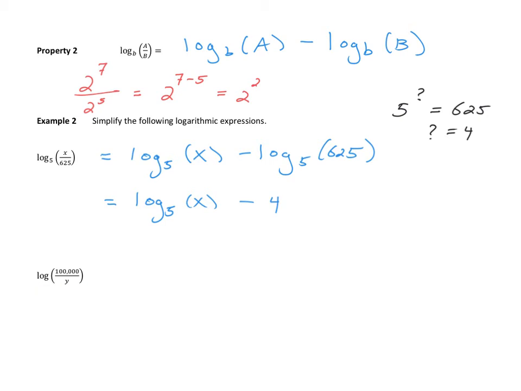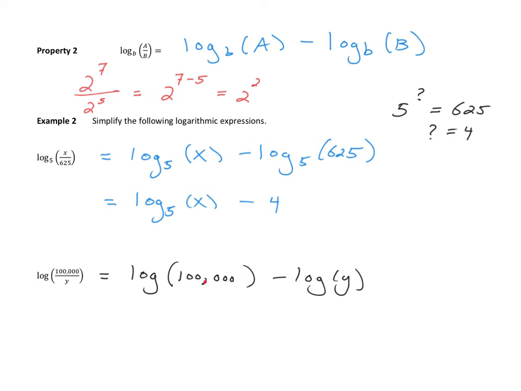What about this one here? Log of 100,000 divided by y. Okay. Well, I could start by saying this is log base 10 of 100,000 minus log of y. And this one's set up again, so I think this is going to reduce to a number. What number would that be?